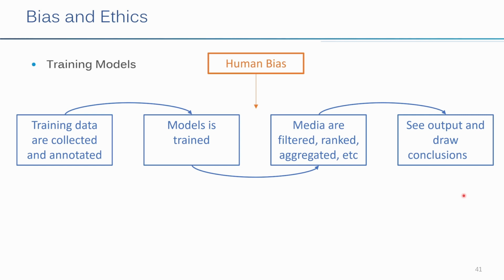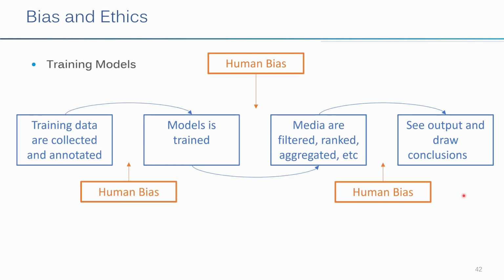And then some people might say that between the model training and whatever data is being filtered, ranked, aggregated, and correlated, we have human bias. But the truth is, human bias is present in every single step of the process. From the moment you define your research questions, the moment you define your methodology.